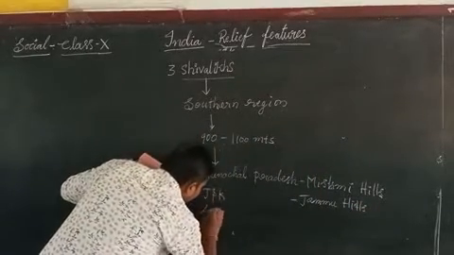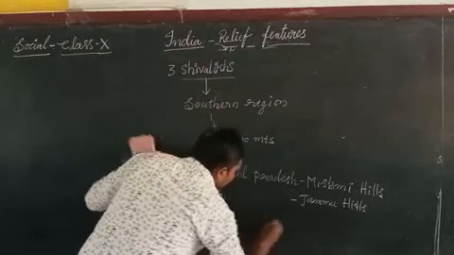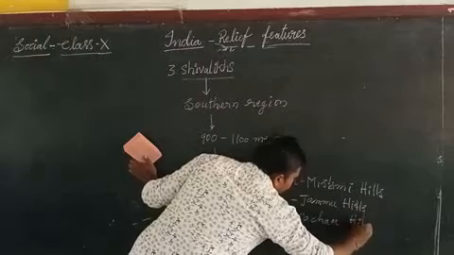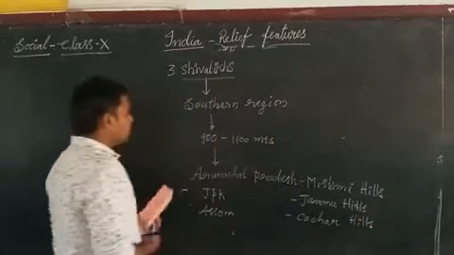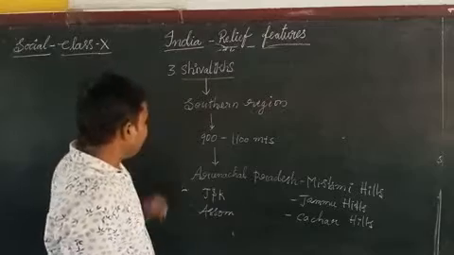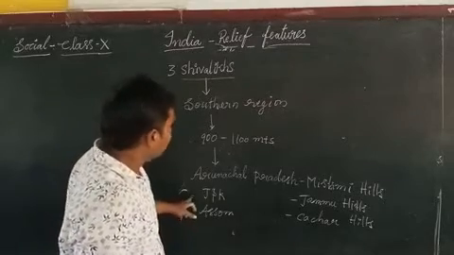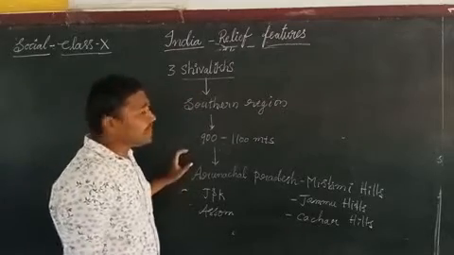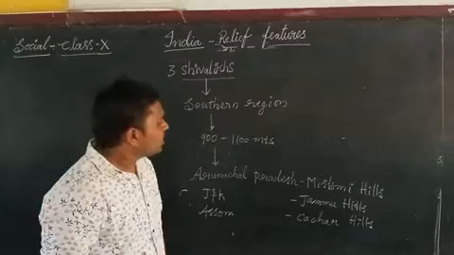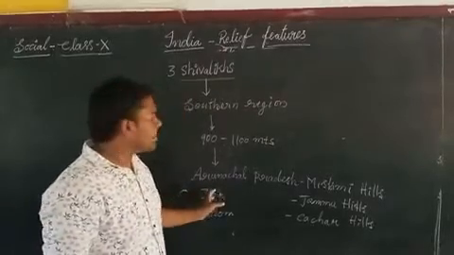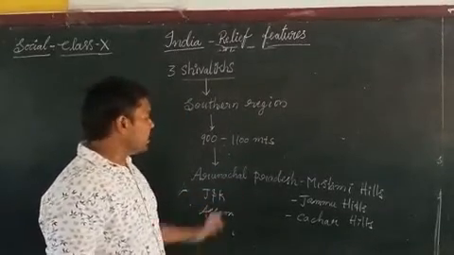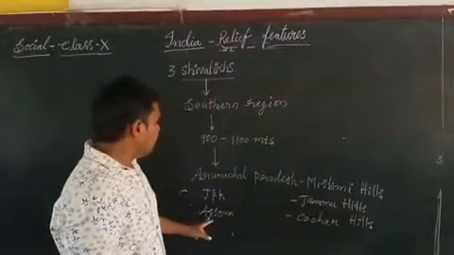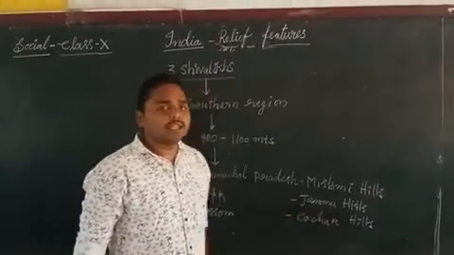In the Assam region, they are called Kachar Hills. Once again, the Shivalik region has different names in different areas: in Arunachal Pradesh, Mishmi Hills; in Jammu and Kashmir, Jammu Hills; in Assam, Kachar Hills.